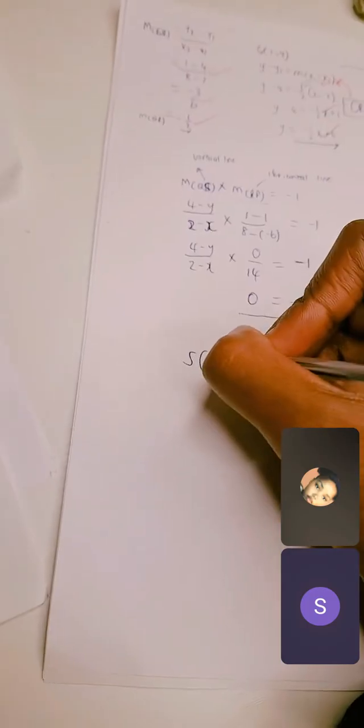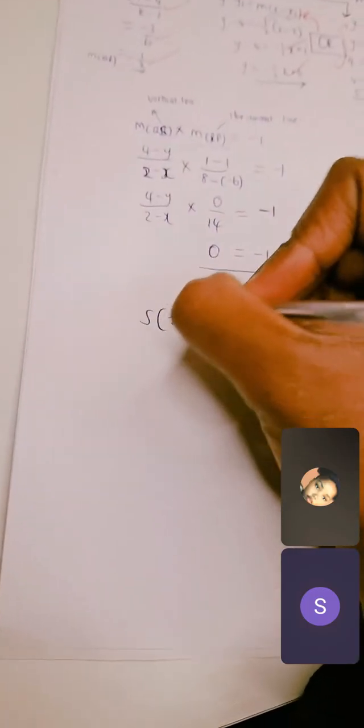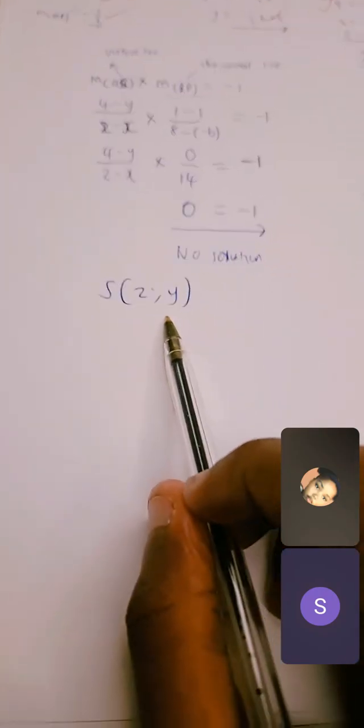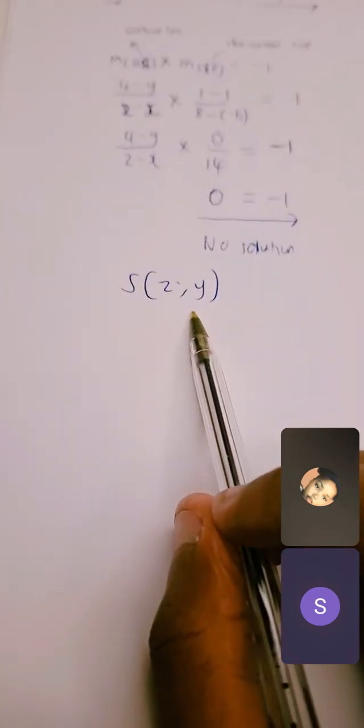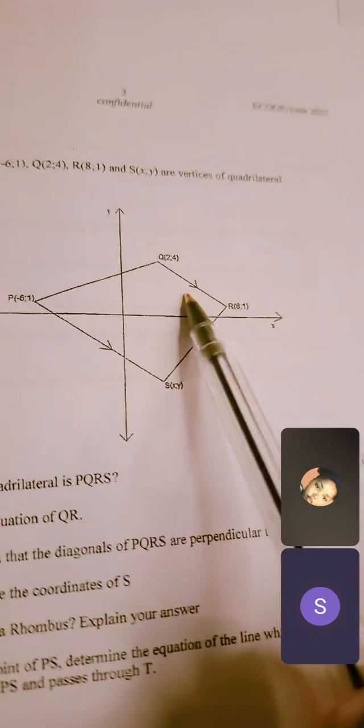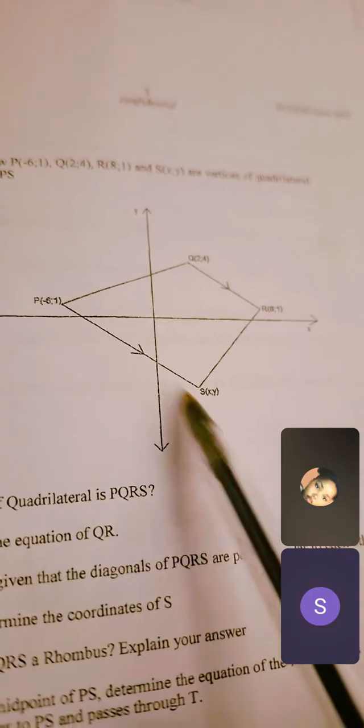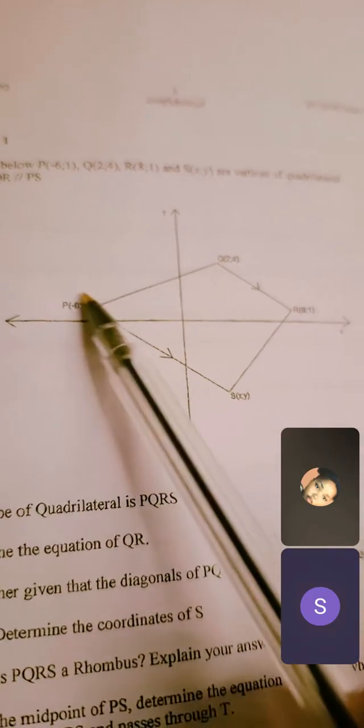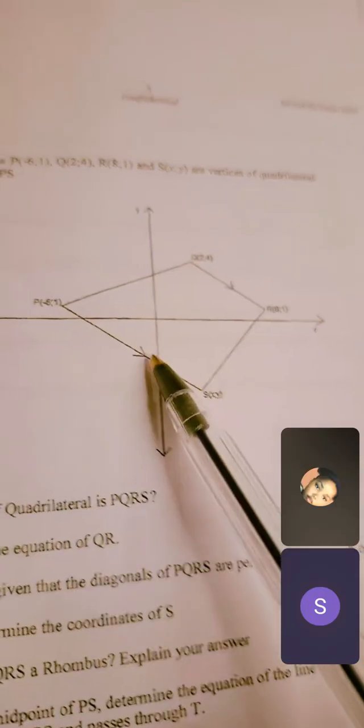So S here, we are going to say S is actually 2 and y. We don't know what the y value is. But like you said earlier, we know that these two lines are parallel. We can find the equation of this line PS.